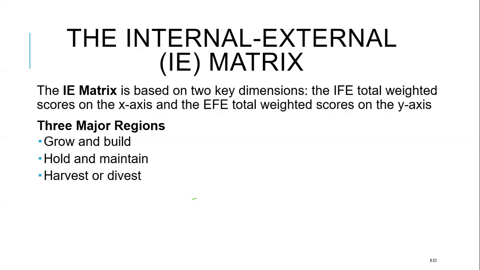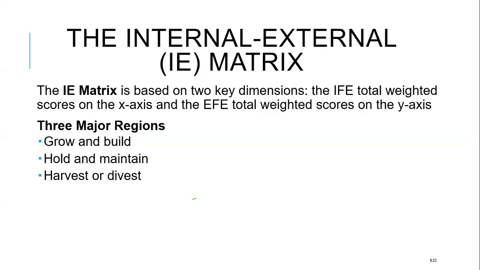For that reason, the internal external matrix is an analytical tool which evaluates the entire business environment to utilize the holistic information derived to select an appropriate strategy for an organization.